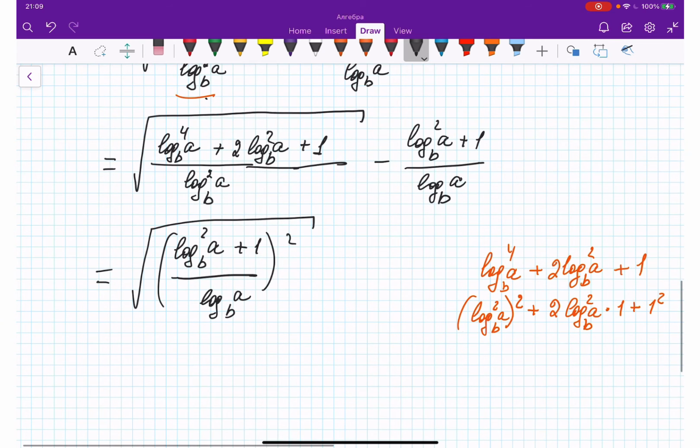This is like a squared plus 2 times a times b plus b squared. So we have (a plus b) squared, a perfect square. Yes? Okay.